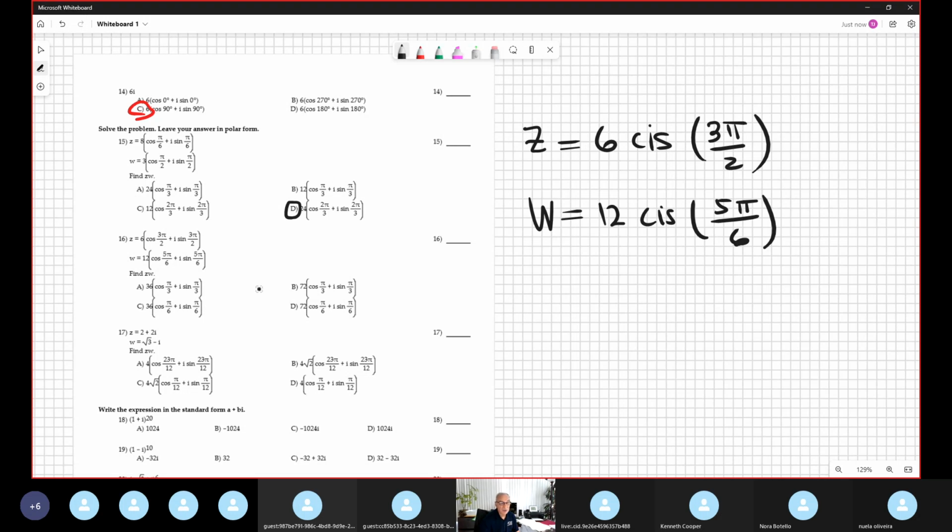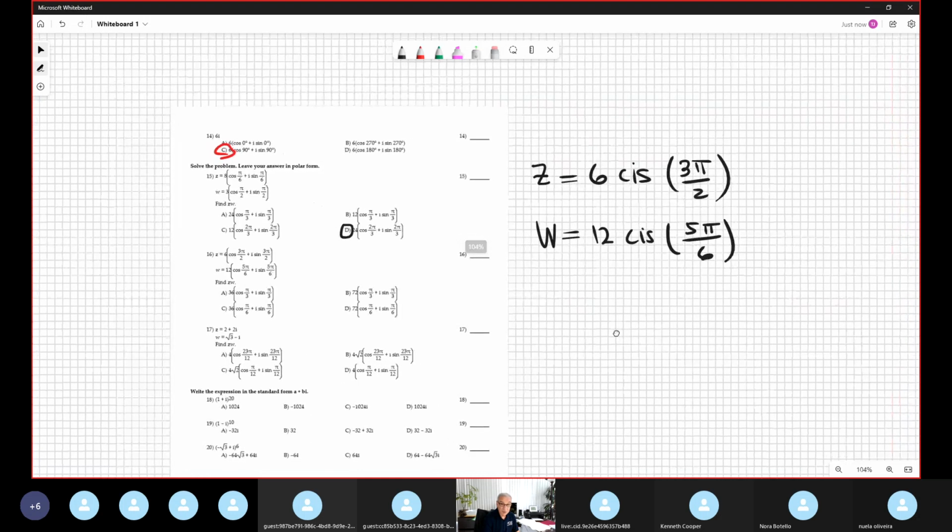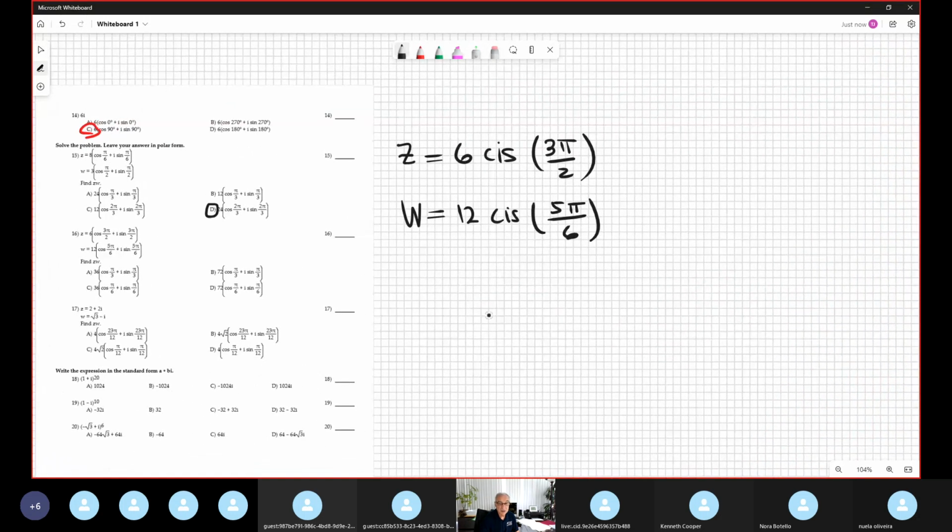They want you to compute exactly the same multiplication, and multiplication is easy. c times w: 6 times 12 is 72, cosine + i sine, and you add 3 pi over 2 plus 5 pi over 6. Okay, let's do it.